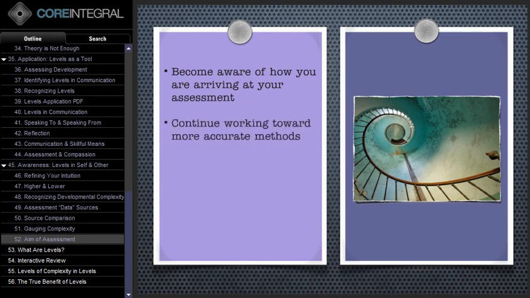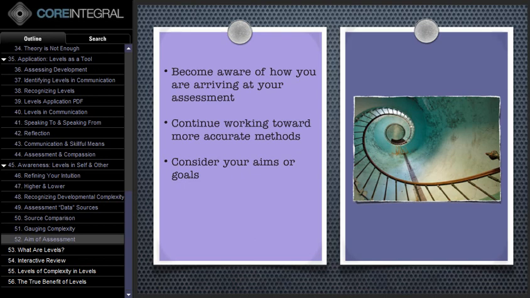Second, over time, continue working toward more accurate methods. And third, consider your aims or goals. What are you after? How are you using your assessments? What methods best support those aims?